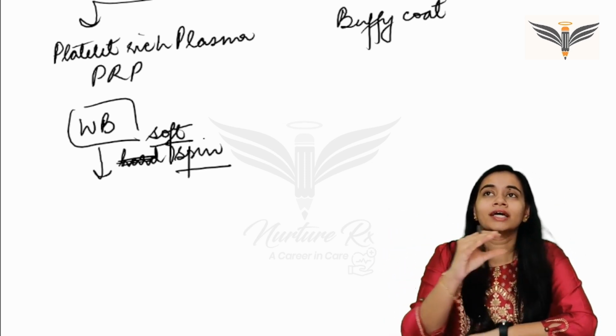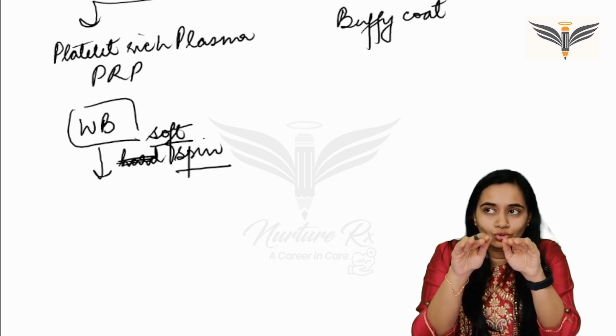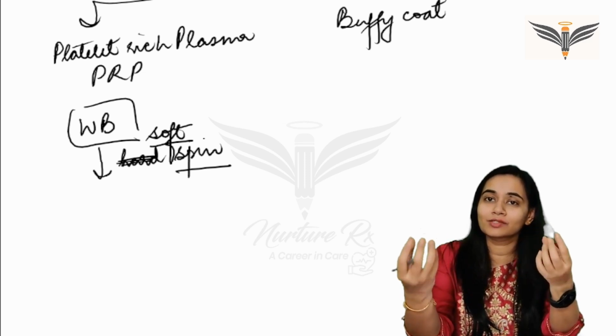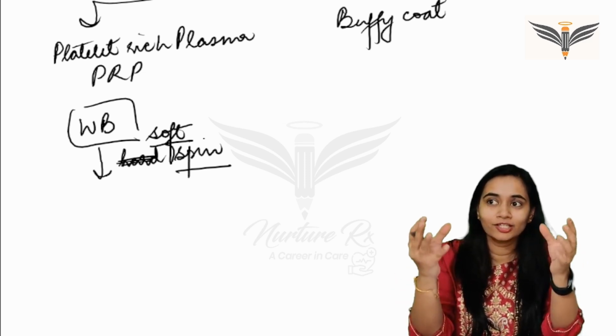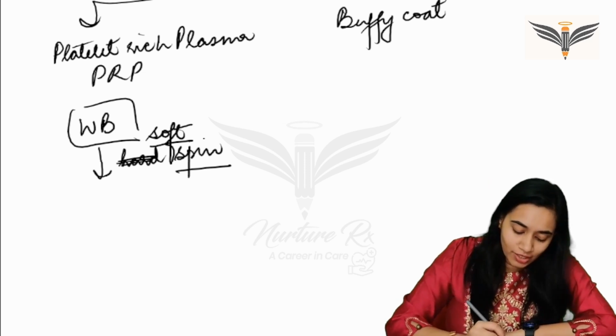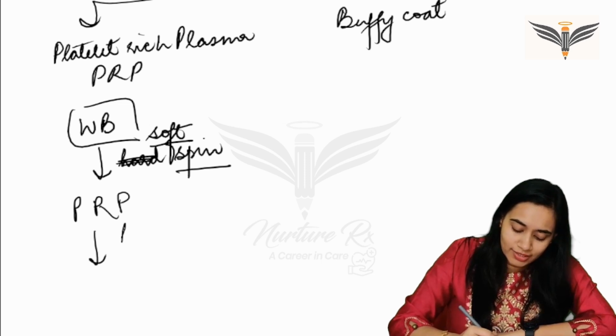When a soft spin is given, the platelets do not settle down along with the Buffy coat. Instead, they remain suspended in the plasma. So your plasma becomes rich in platelets. Now you have your plasma which is rich in platelets. Now this undergoes hard spin.